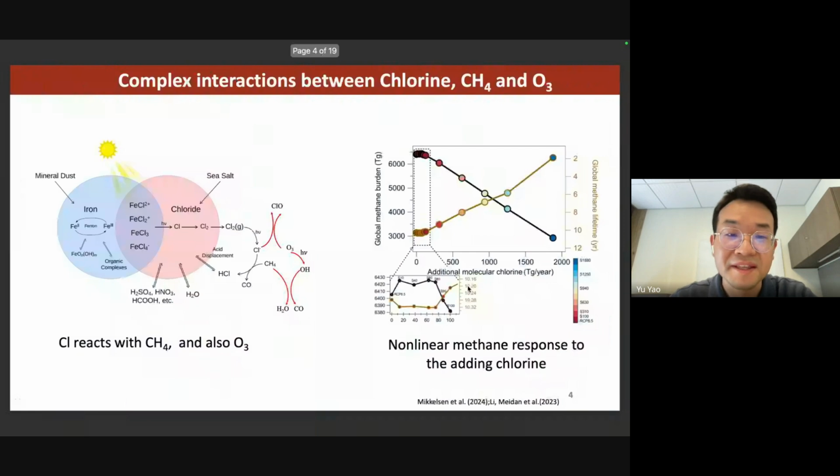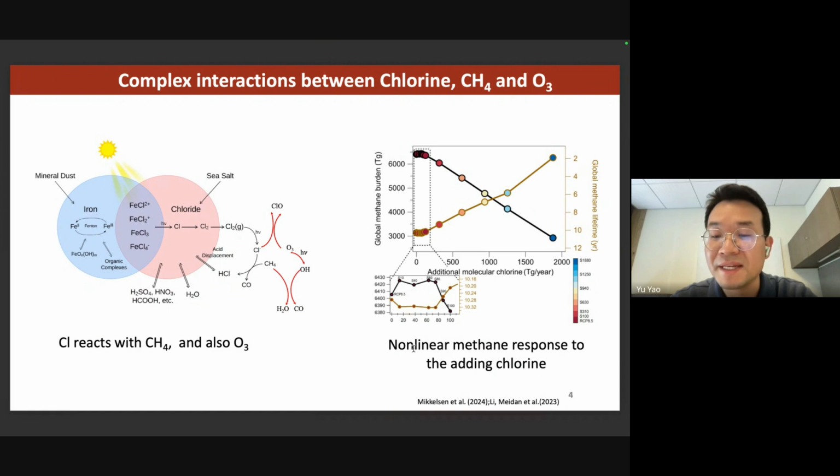However, the study is not that simple. As mentioned by Ben and Rafael, chlorine radicals not only react with methane, but can also destroy ozone, and ozone is a major source of hydroxyl radical. The reaction of methane with hydroxyl radical is the dominant chemical sink for methane. So chlorine not only reacts with methane, but also destroys ozone.